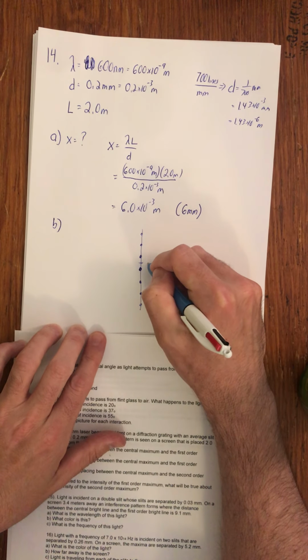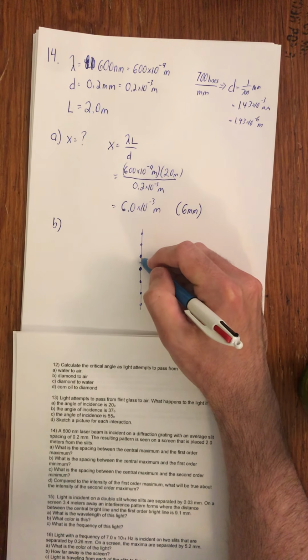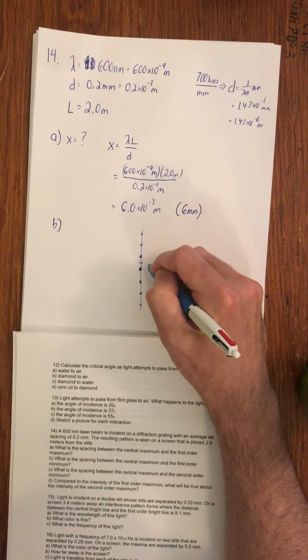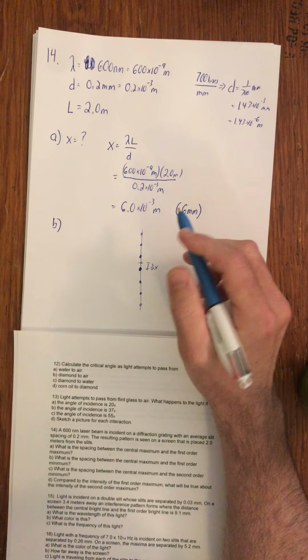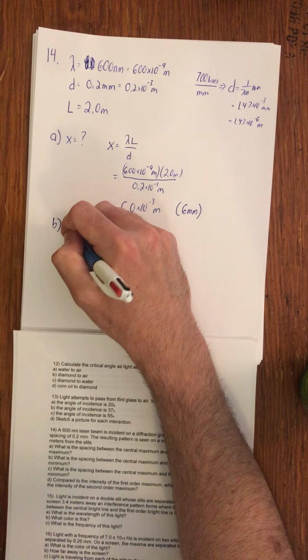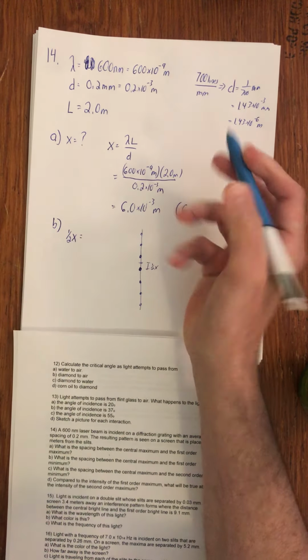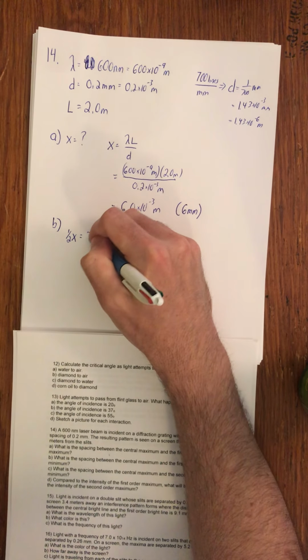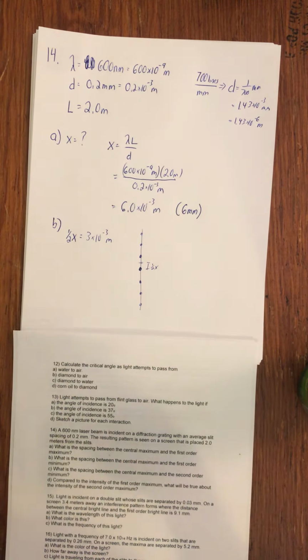In the other video, we said that the exact point of the minima is going to be equidistant between the exact points of the maxima. So this is just half X. So I don't really have to do any work except for this part of the problem. Realize that B is looking for half X. So if I find half X, that's just going to be 3 times 10 to the negative 3rd meters. Right? So this question is more about knowledge of the pattern.